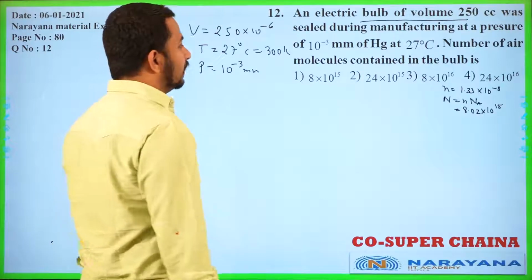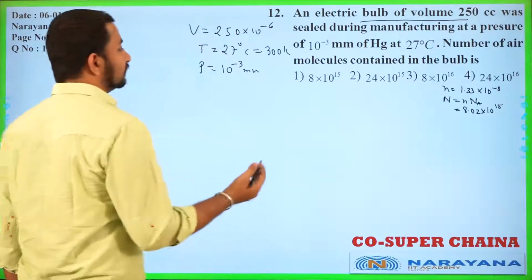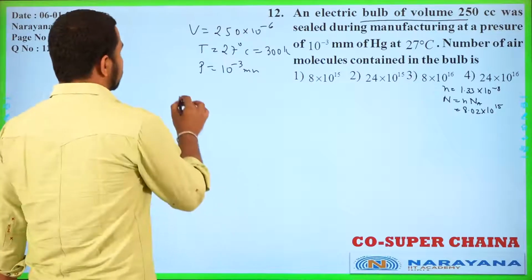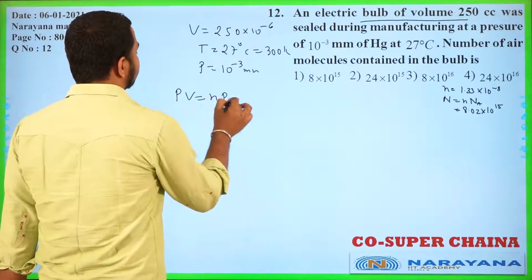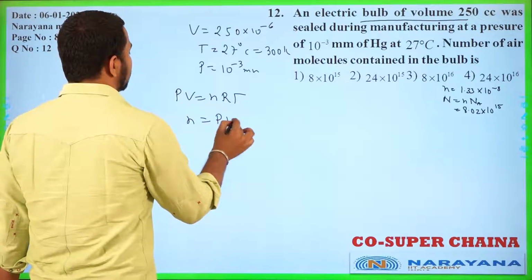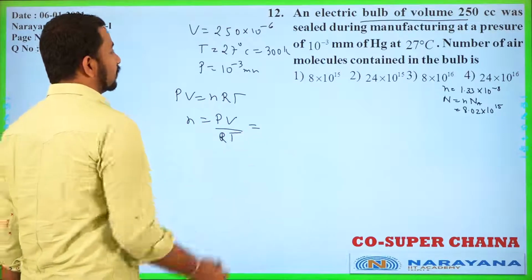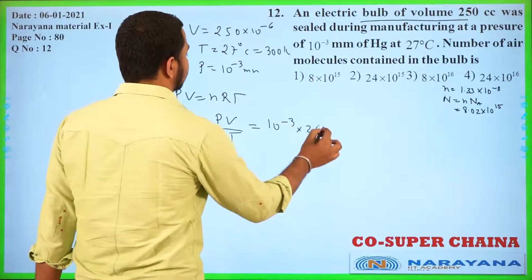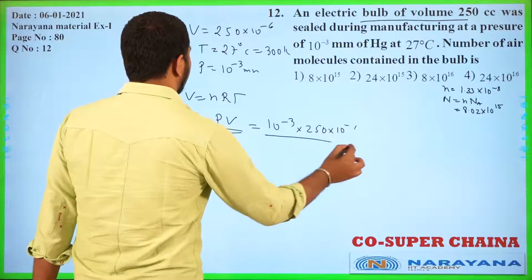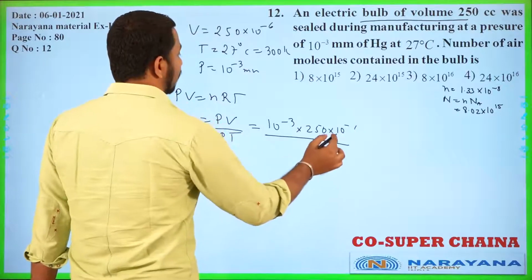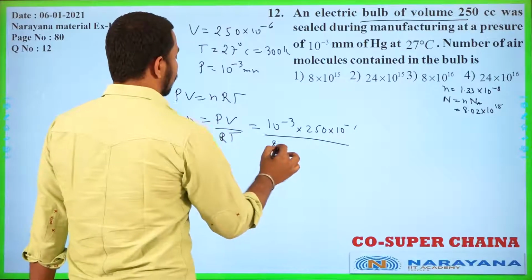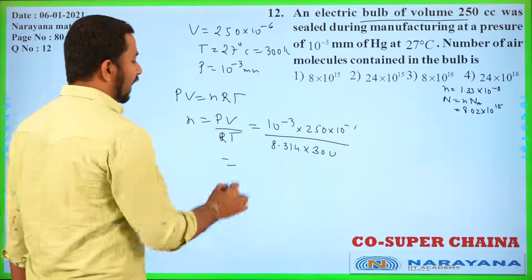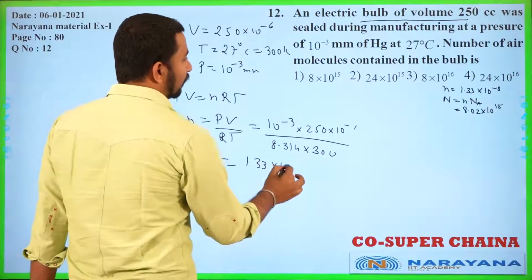You have to find the number of air molecules. First we will use PV equals nRT, so n will be PV by RT. Just substitute the values here, 10 to the power minus 3 into this, and we will get the value of n as 1.33 into 10 to the power minus.